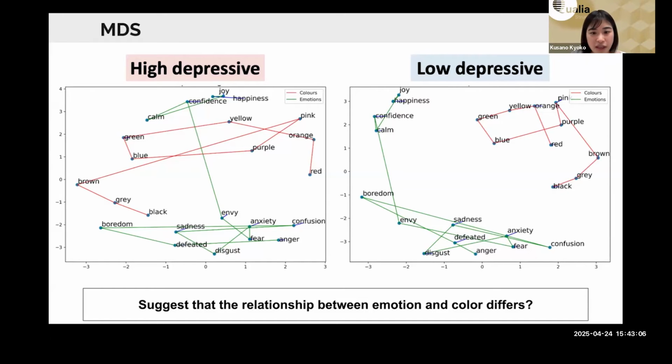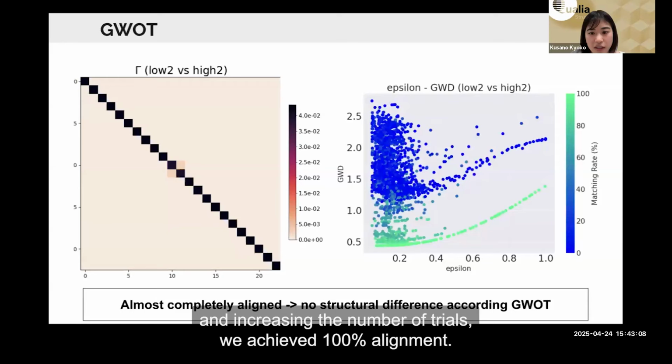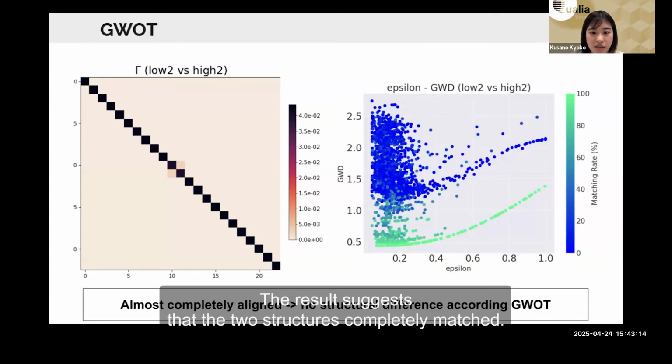After that, using GWOT and increasing the number of trials, we achieved 100% alignment. The results suggest that the two structures, high depression and low depression, are completely matched.